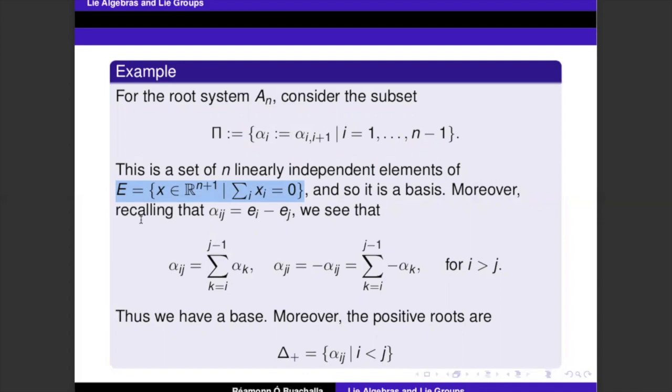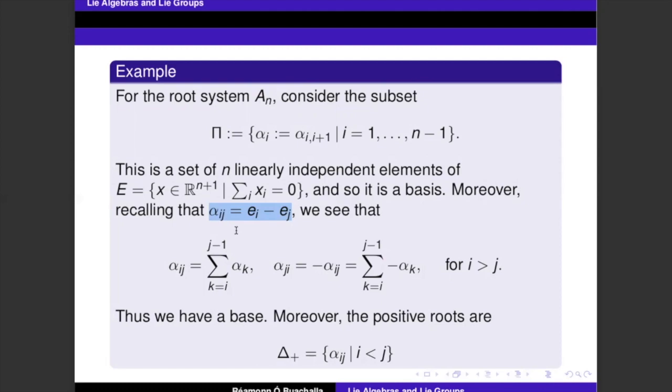So we're imposing one relation here, that all of the elements add up to 0, so in fact it's going to be n-dimensional. And then the root system that we were going to look at, again, for any rank there can be many root systems, was just the difference of two of the canonical basis vectors for R^(n+1).